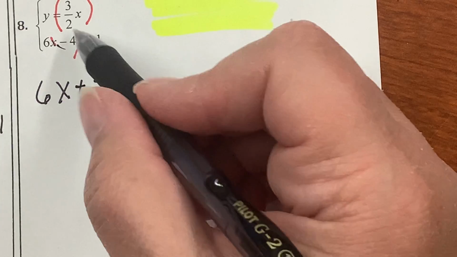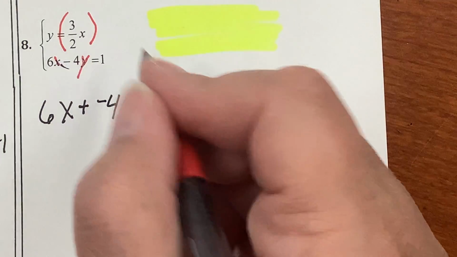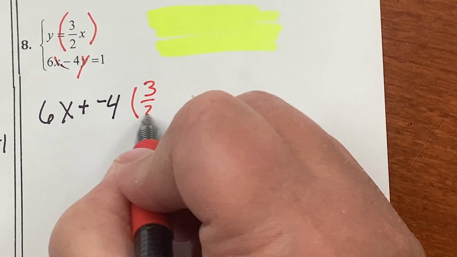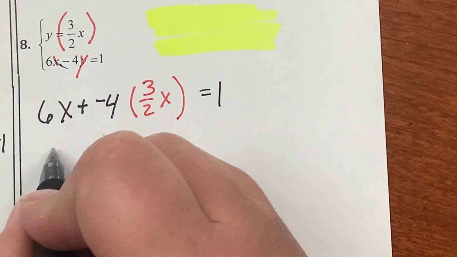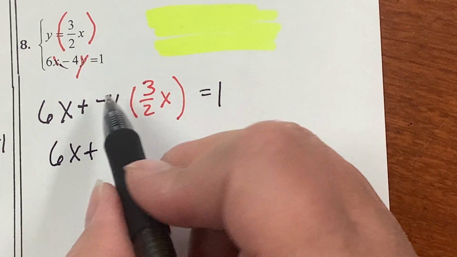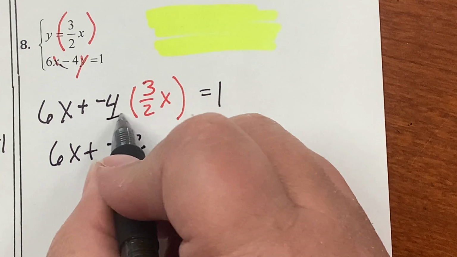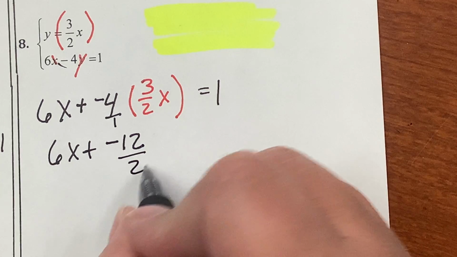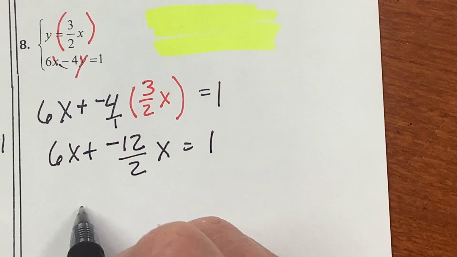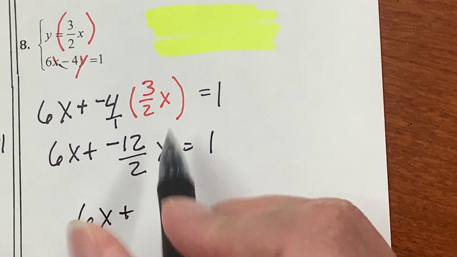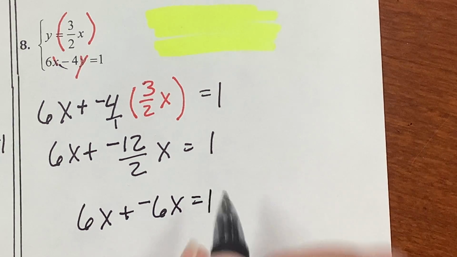When it's going to give me a negative, I like to change it to plus a negative, so I know that I'm multiplying negative 4 times 3 over 2x. And that's going to equal 1. So 6x plus negative 4 times 3 is negative 12, and that would be over 1. 1 times 2 is 2. X equals 1. Now I'm going to divide. Here we go. 6x plus negative 12 divided by 2 is negative 6x equals 1.